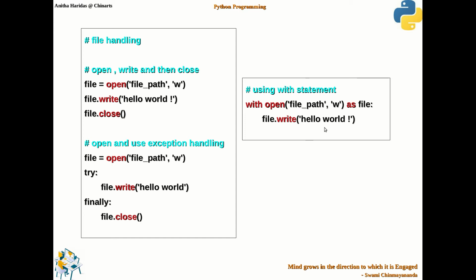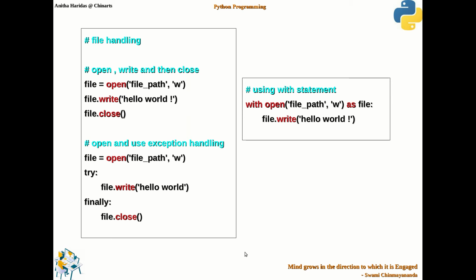That is the advantage of having the with statement. So here you can observe I am not using dot close, which often will be forgotten by the programmer. So now if you use the with statement, I escape from the usage of try, finally, catch blocks. I escape from the usage of the close method also. So all these things will be replaced by the with statement. So that is the advantage of using the with statement.